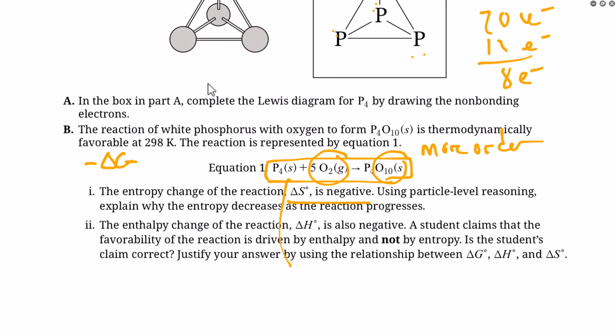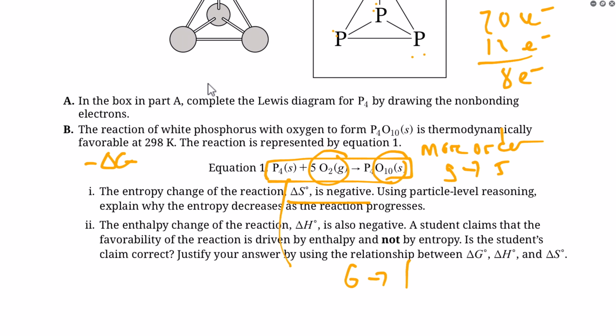So a couple ways to look at this. We have a state of matter of gas being converted into a solid, which again is more orderly. We can also look at the fact that we have 6 moles on the left-hand side of our equation and 1 mole on the right-hand side. So that is an indication of more order as well. Some combination of both of those is probably the best answer, indicating that there's more order because we're taking 5 moles of gas and converting them into 1 mole of solid.